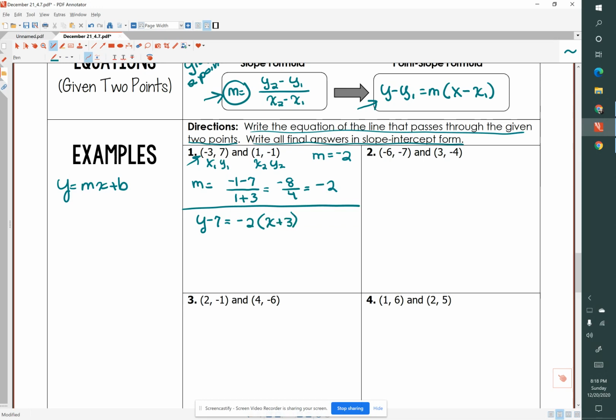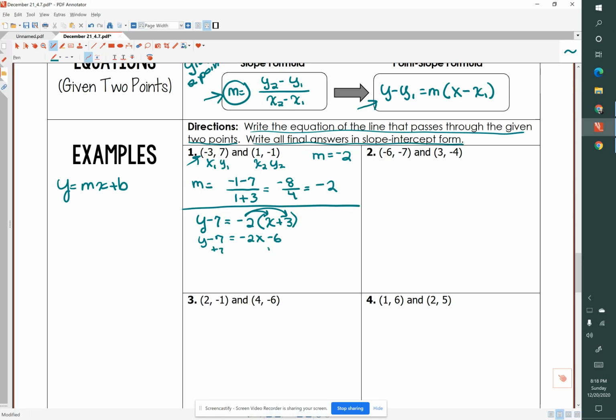Now remember, once we are in point slope form, we distribute and we solve for y. So we're going to distribute. So we have y minus 7 equals -2x minus 6.